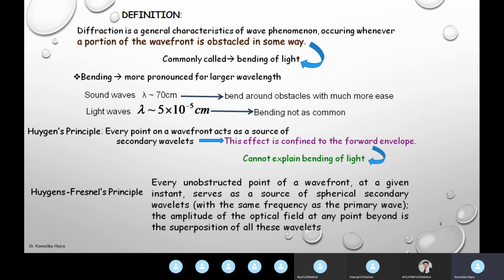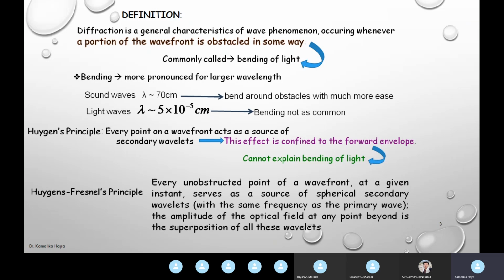So herein lies the difference between interference and diffraction. Basically, there is no functional difference between interference and diffraction. There is no phenomenological difference, in that interference is also because of superposition of wavelets, and diffraction is also because of superposition of wavelets.